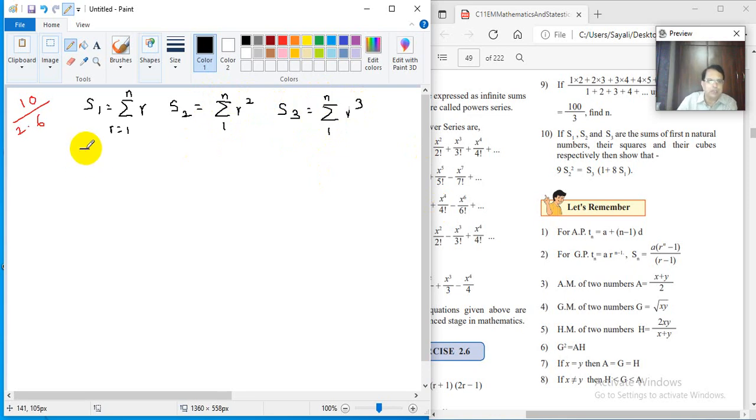And we have to prove that 9 into S2 squared is equal to S3 into bracket 1 plus 8 S1. This is to be proved.